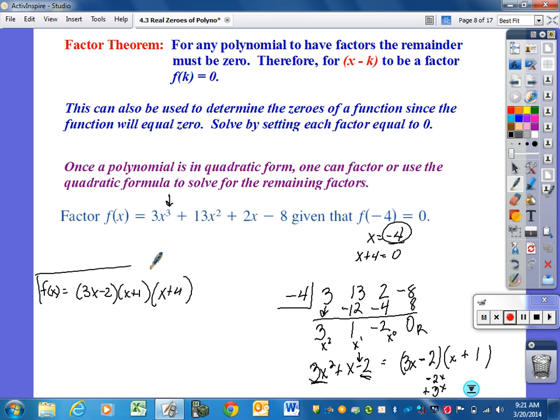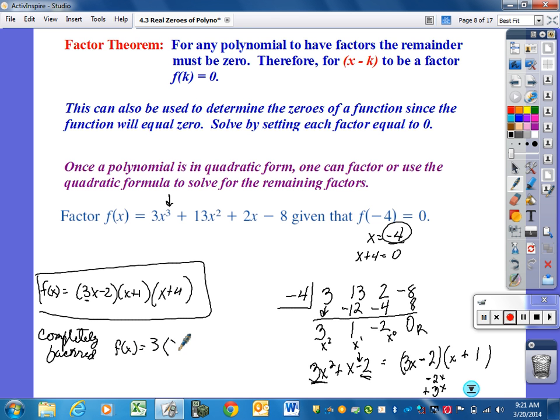This is a factored form. To be completely factored, I would have to have this 3 be outside the parentheses. So if I factored that 3 out, I would have 3 times x minus 2/3. And the other ones did not need that 3 to be factored out.